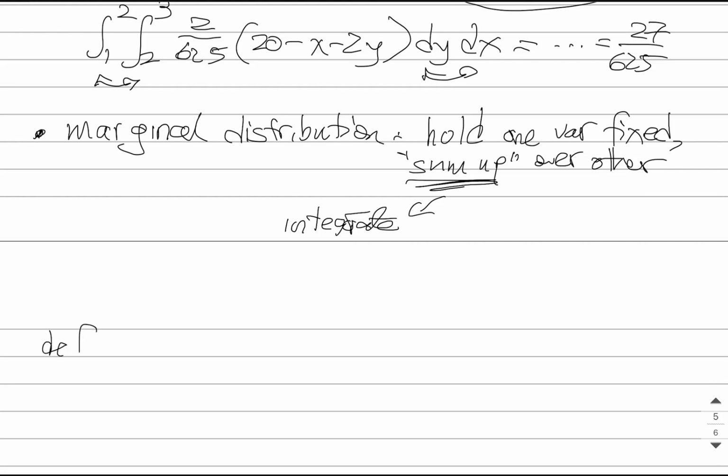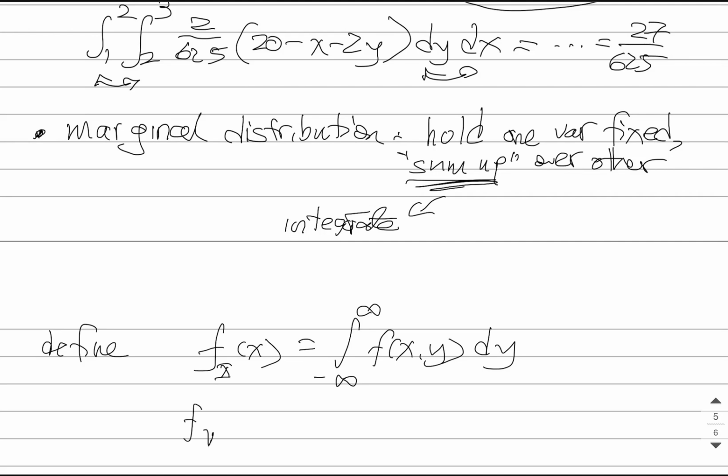And so we are going to define the marginal densities like this. The marginal density for x, and this is the strange notation, f with a subscript capital X of x, is going to be the result of you integrating the joint density with respect to y. So you're going to be getting rid of all the y dependence.